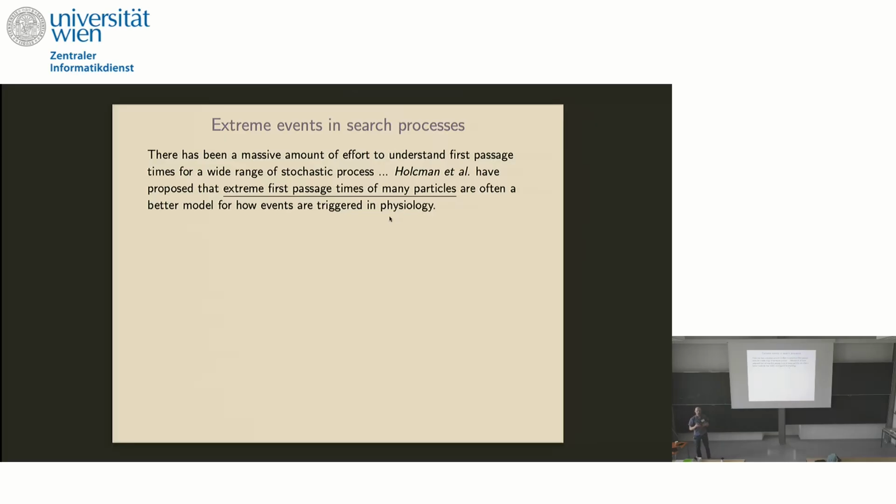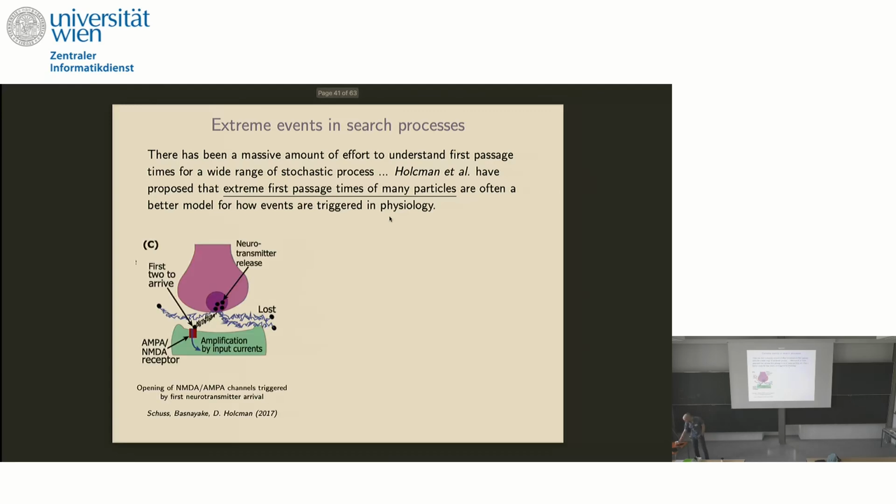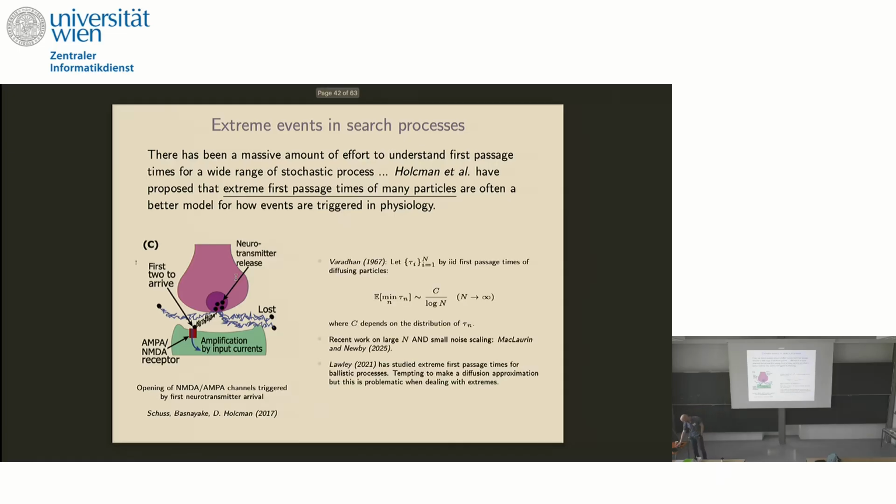This leads to an even more extreme problem, where you're interested in the extremal first passage times of many, many particles. Here's another example with neurotransmitters. Many, many of them are released, but it's the first one that binds to this NMDA receptor that gets amplified. So if you want to understand this process quantitatively, you want to look at the extremal statistics there.